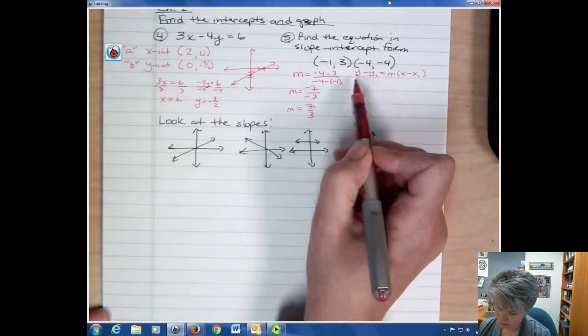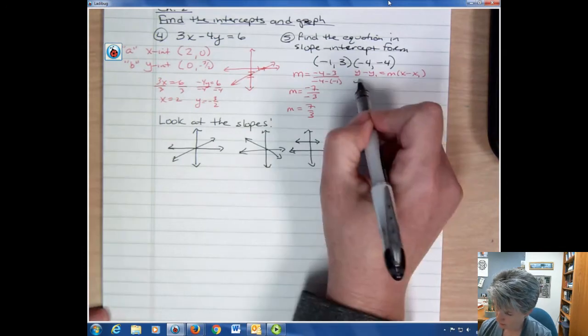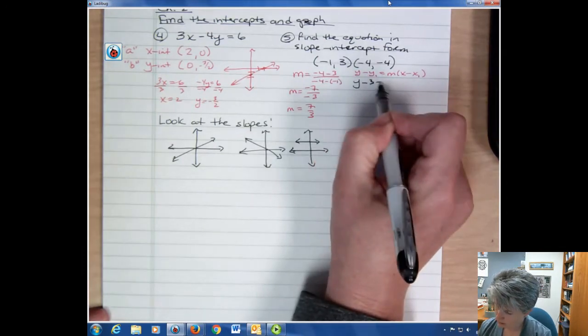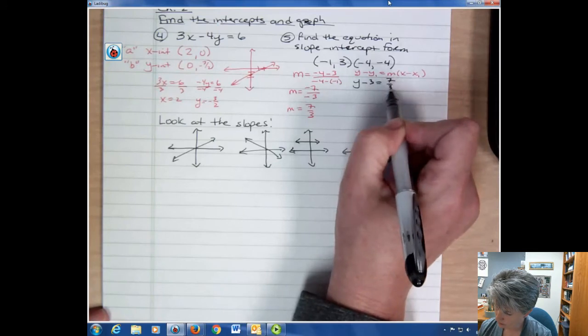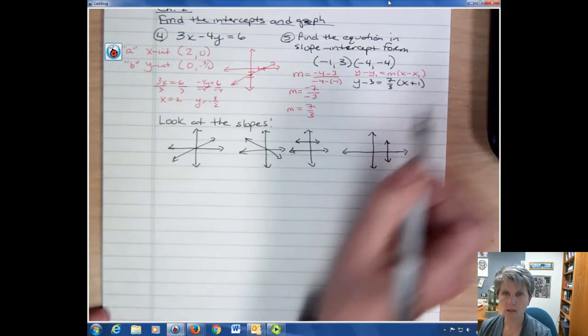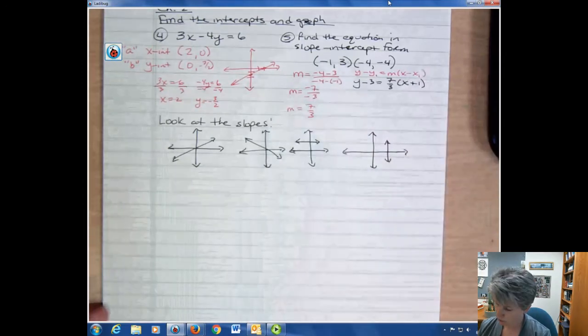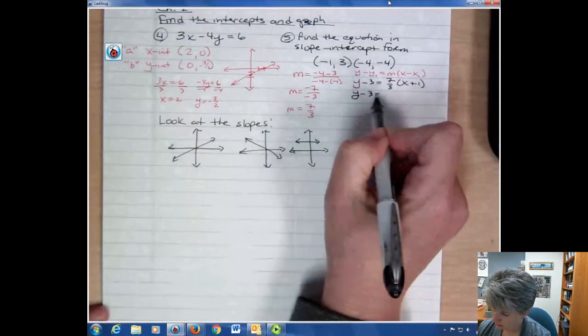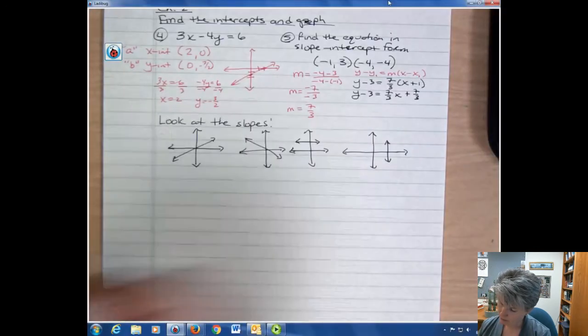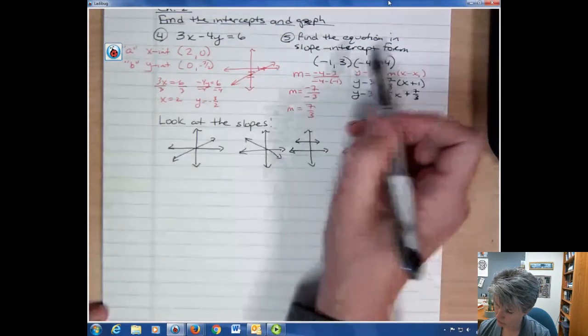I have y minus, I'll use this first point, y minus 3 equals 7/3 times x minus negative 1, which is plus 1. And then I'm going to distribute that. And then I'm going to get the y by itself because I want slope-intercept form.